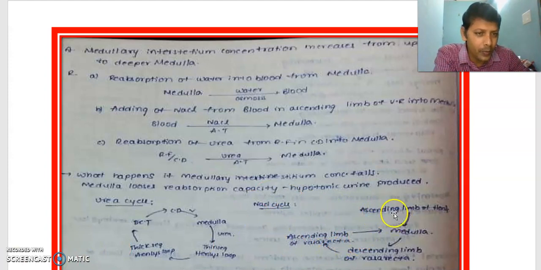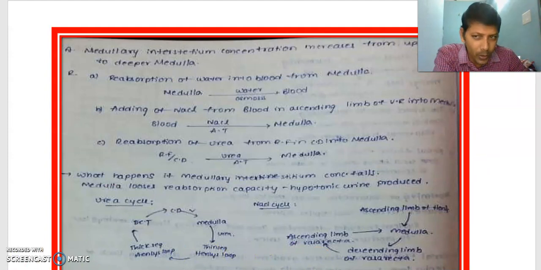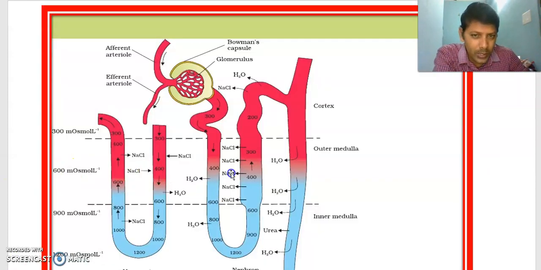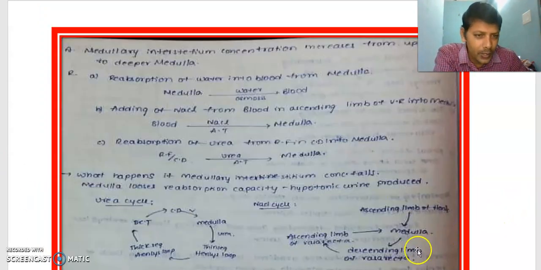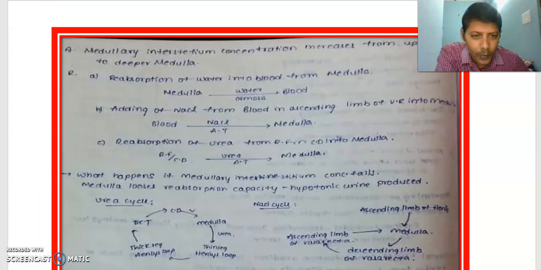Here is the NaCl. How is NaCl coming? From the ascending limb of Henle's loop, NaCl is entering into the medulla. It is coming into this space, called the medullary interstitium. From there, it is entering into the descending limb of vasa recta, and again it is coming from this segment and from the ascending limb of vasa recta.